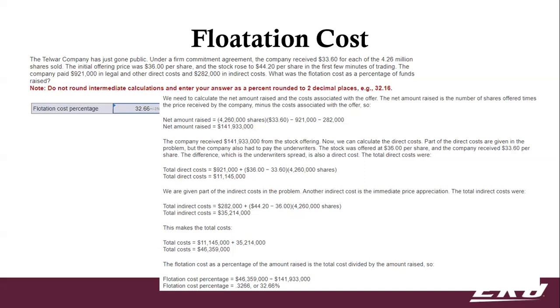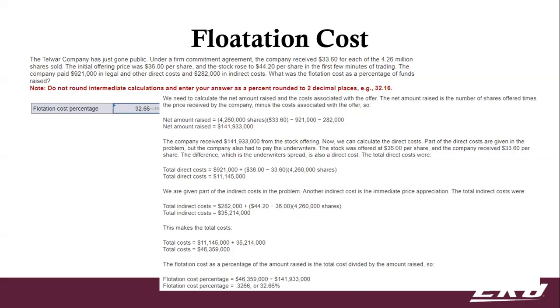So as far as what are our direct costs, well, they offered it at $36 a share. We received 33.60 a share. So that difference, the underwriter gets to keep, right? They pay us 33.60 and they're selling it for 36, right? So you take that difference, multiply that by the total number of shares outstanding, and that's how much they receive off of that difference in the spread, right?